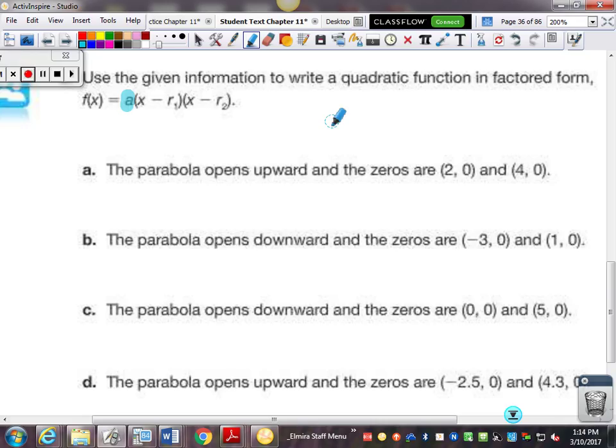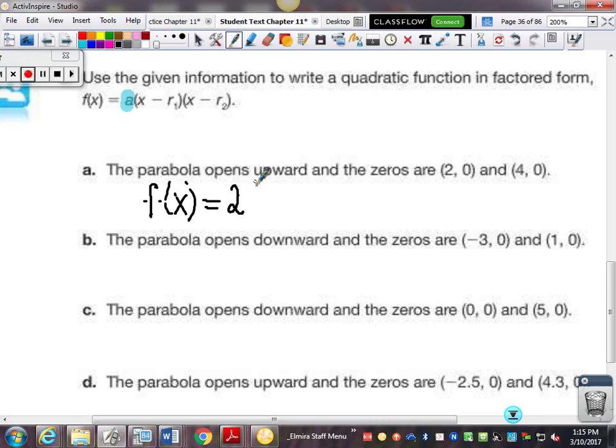So if I were going to write a parabola that opens upward and the zeros are at (2, 0), I would write f(x) equals, now if it's opening up, then in the very beginning of my function my leading coefficient should be a positive number. It's not being specific. It just says opens upward.